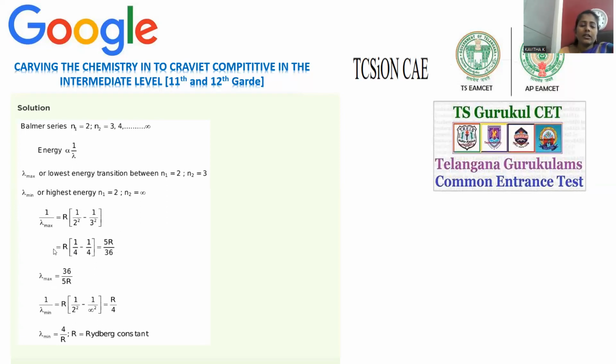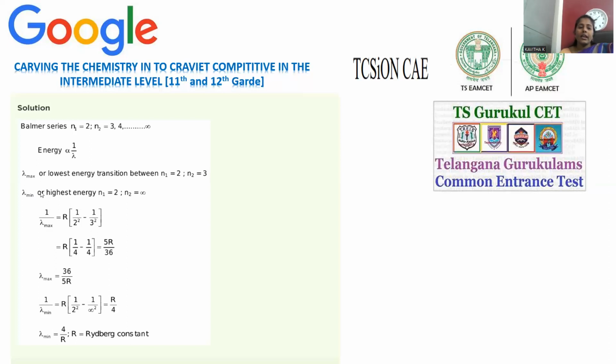In general, the formula for wavelength calculation in accordance with the Rydberg constant is given by 1 by lambda is equal to R into (1 by n1 square minus 1 by n2 square).